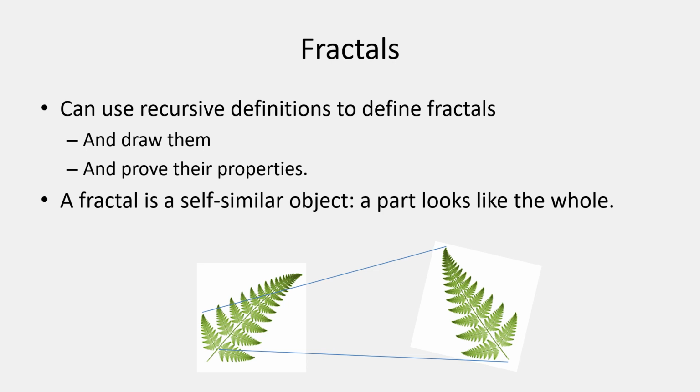Actually, the whole description of what a fractal is suggests recursion, because a fractal is a self-similar object. If you take something like a fractal and you zoom in on it, you're going to see something that looks like the whole thing. And you keep zooming in and you keep seeing what looks like the whole thing.